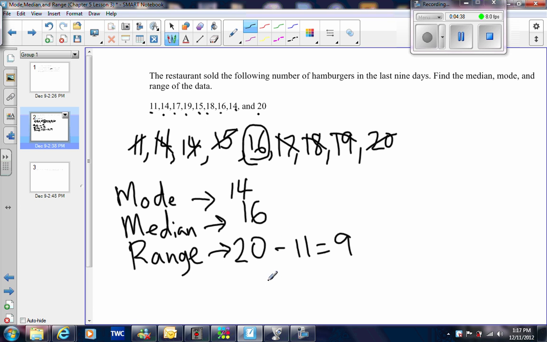It is possible to have more than one mode if there are a couple of different ones, like if we would add 2 17s here or 2 20s. You can have more than one mode, and many times there is not a mode. If I wouldn't have had 2 14s here, if I would have had one 12 instead of one of the 14s, then that would mean there wasn't a mode for that set of data.